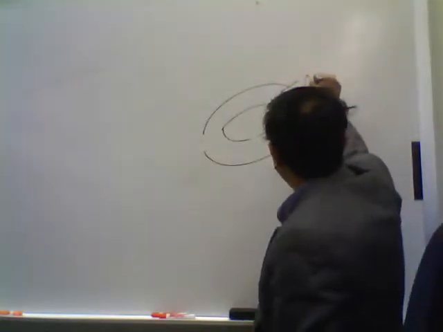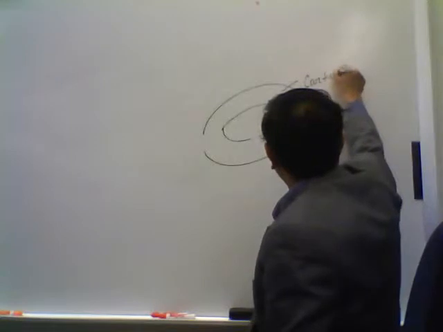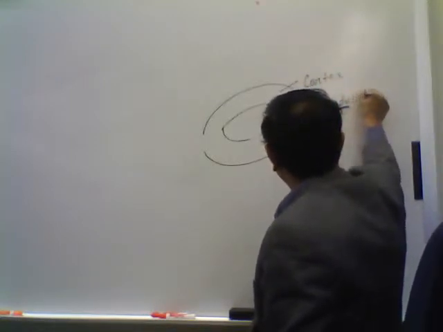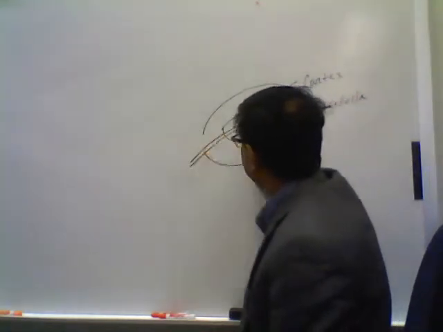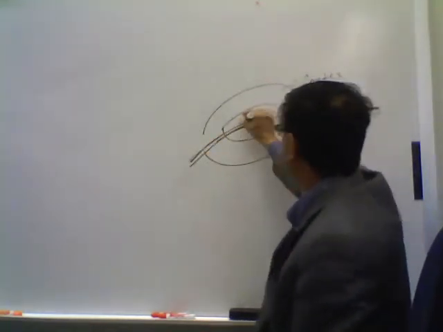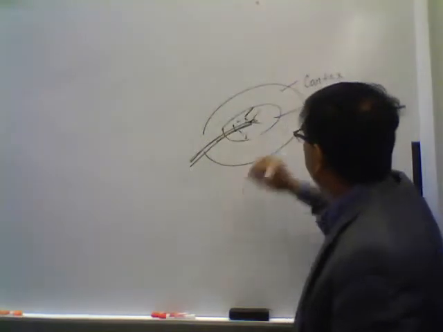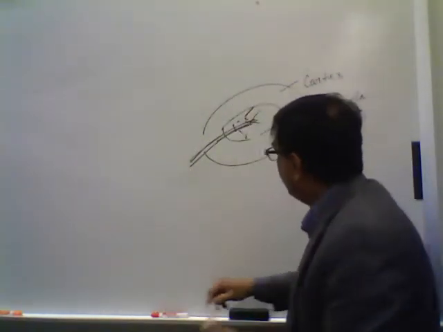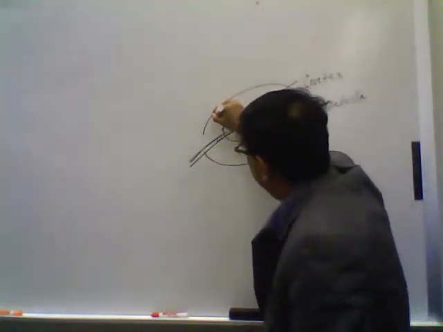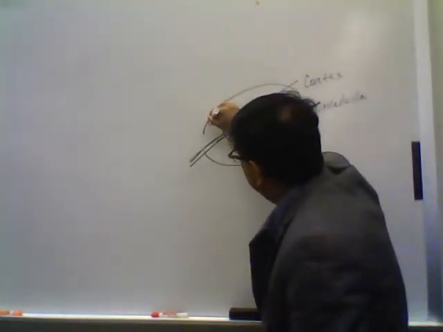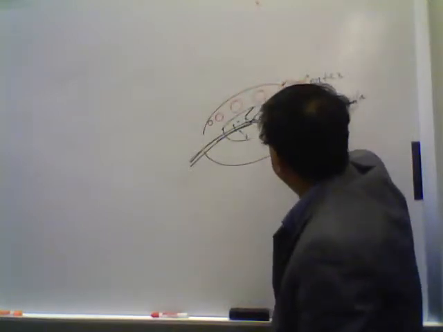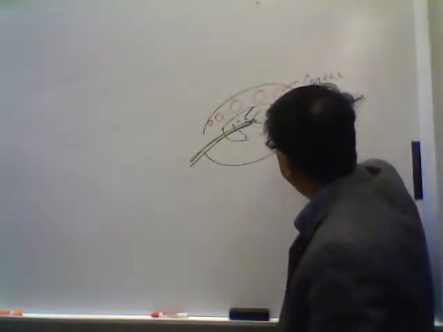Outer part is the cortex and inner part is the medulla. Okay, the blood vessels enter into the inner part like this, and the outer part is very important because in the outer part the ovum or egg gets mature.